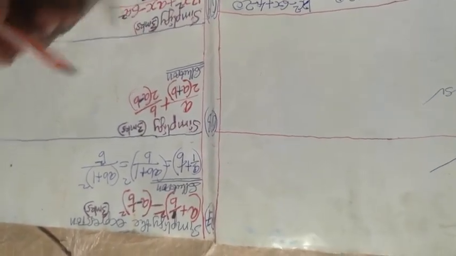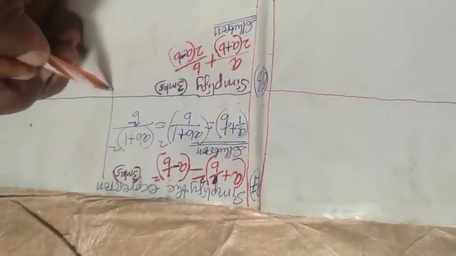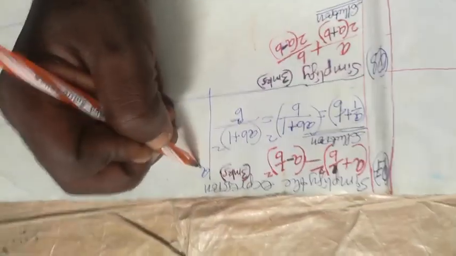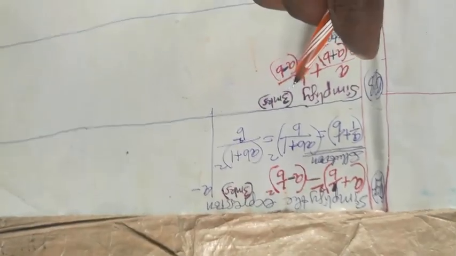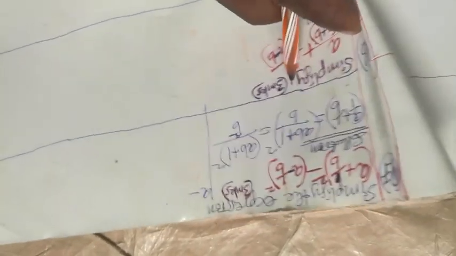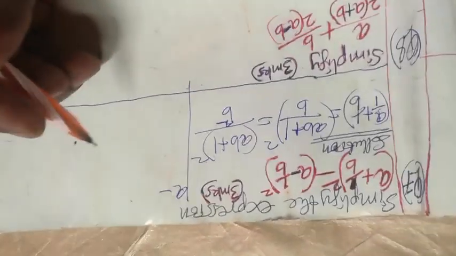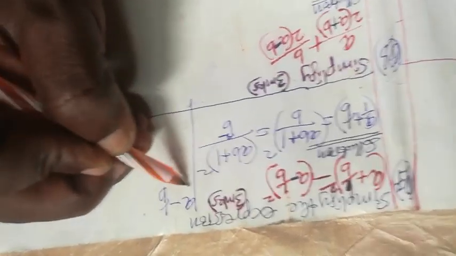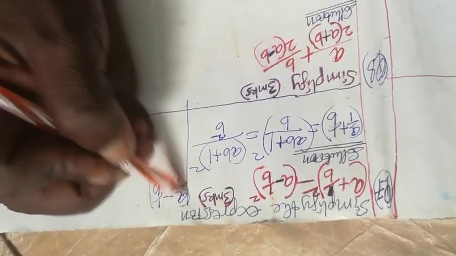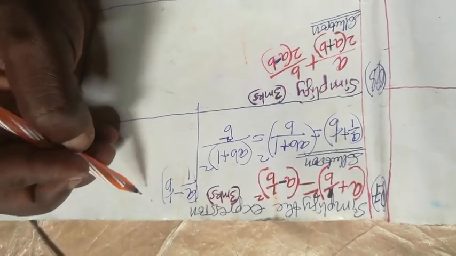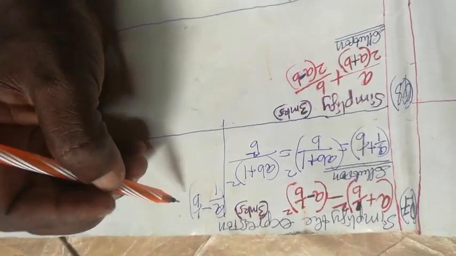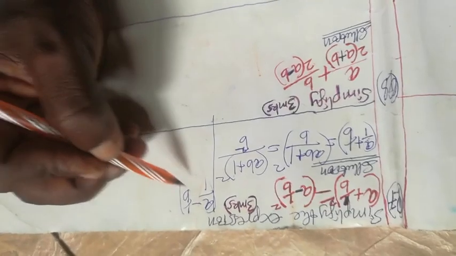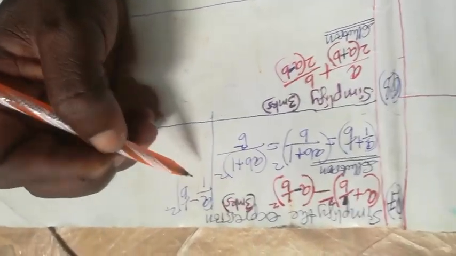Now the second part is a minus 1 over b. Here we say over 1, then we cross multiply. This is squared.